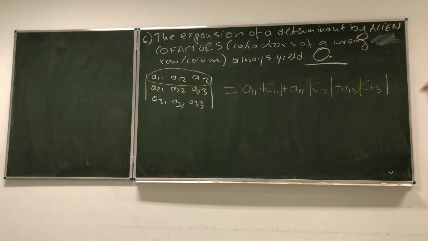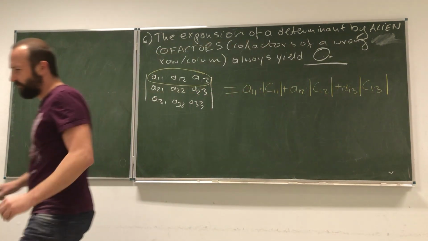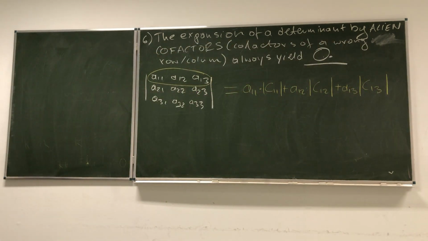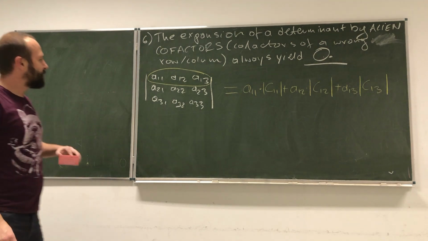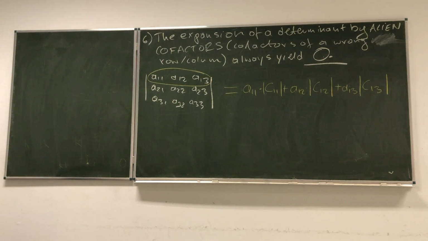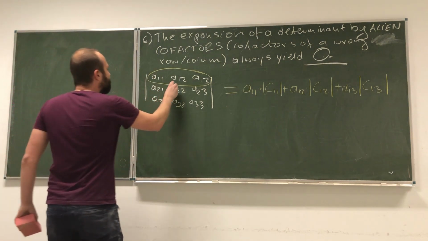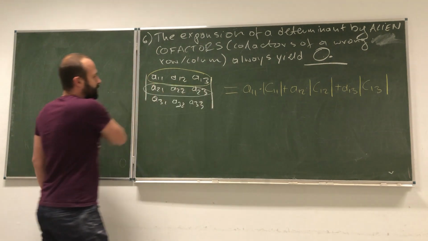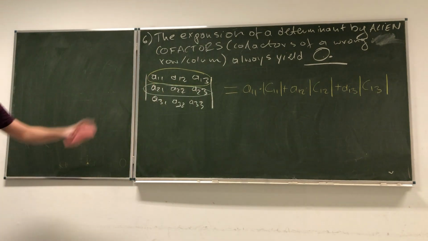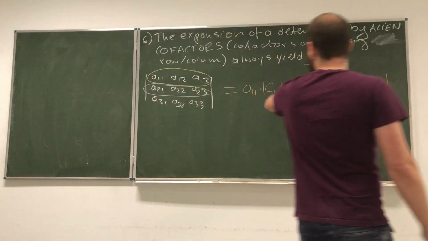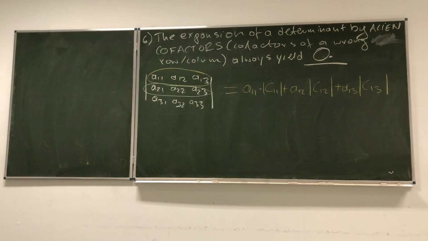But look, what if I do it a little bit differently this time? What if I use cofactors not from the first row, but cofactors from the second row, while I'm using elements from the first row?